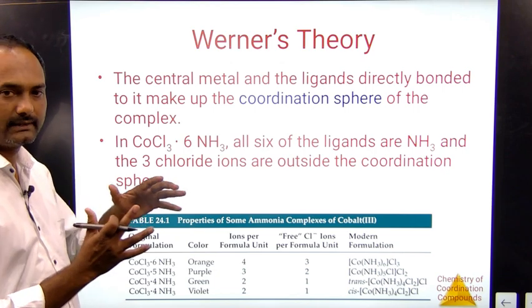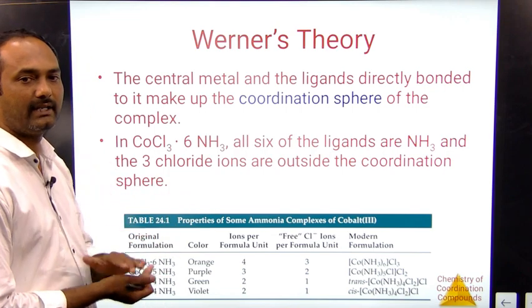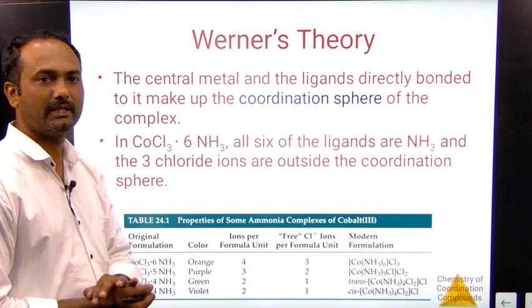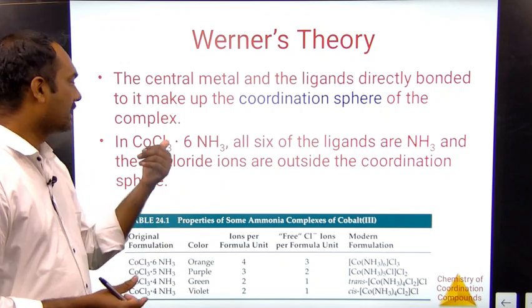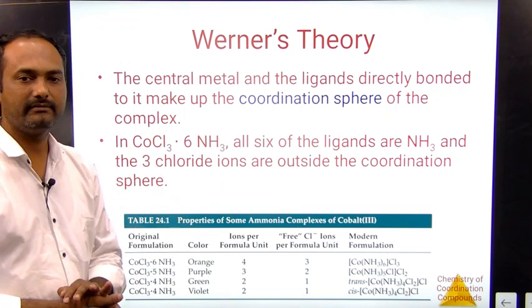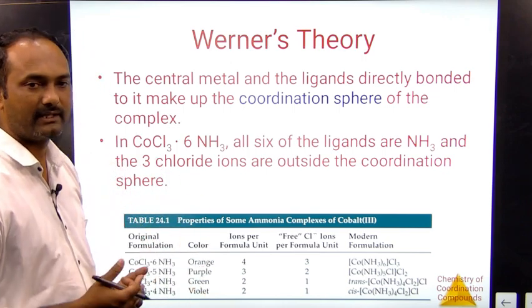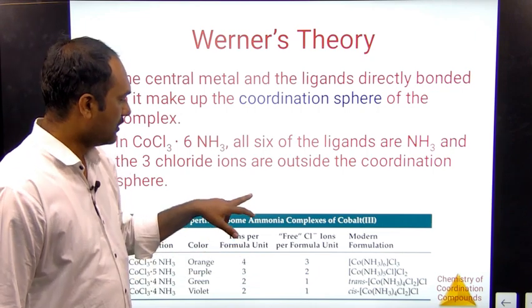All these 6 NH3 ligands are secondary valency, and the place where these 6 ligands are placed is the coordination sphere. And these 3 chlorine atoms will be termed as primary valency, and will be placed outside the square bracket.